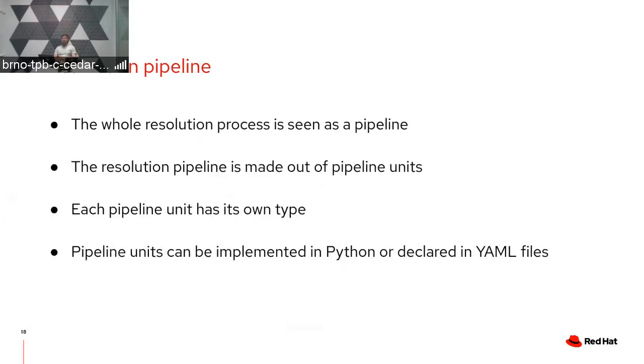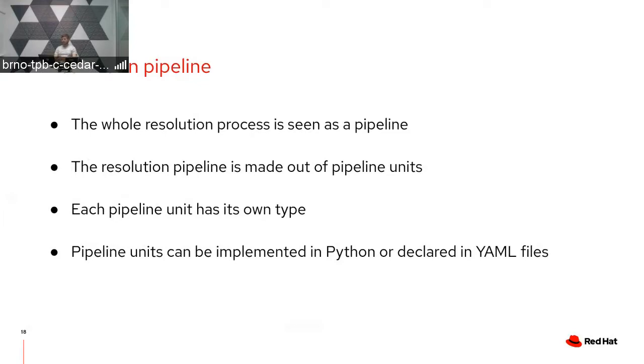As the whole resolution is seen as a pipeline made out of pipeline units, each pipeline unit can somehow affect the resolution process. There are pipeline units of different types, and these pipeline units can insert new dependencies into the dependency graph. They can prioritize some packages over other packages.